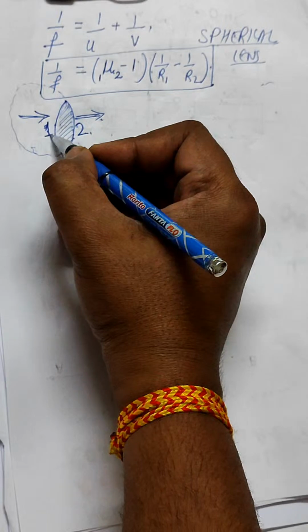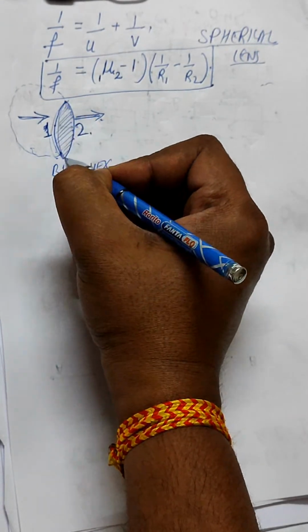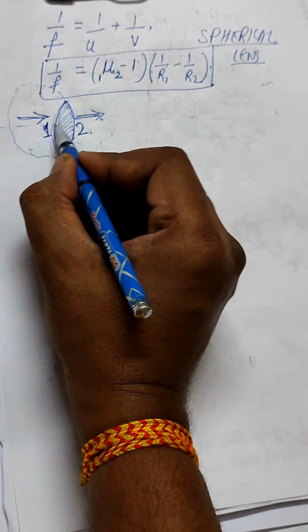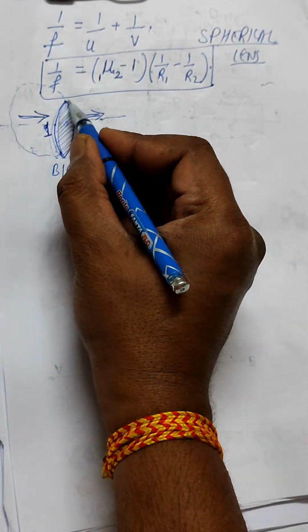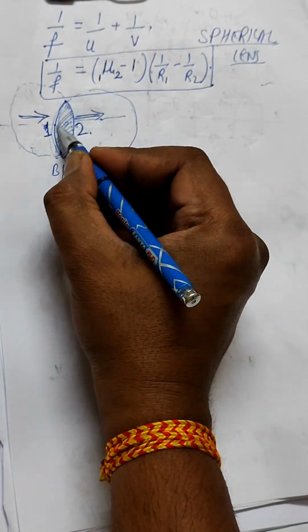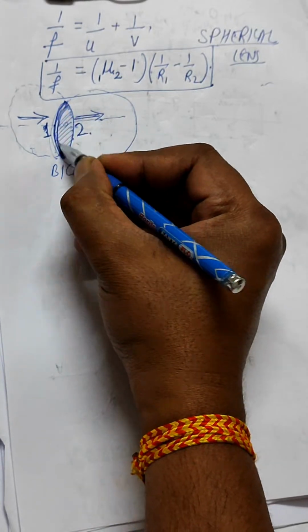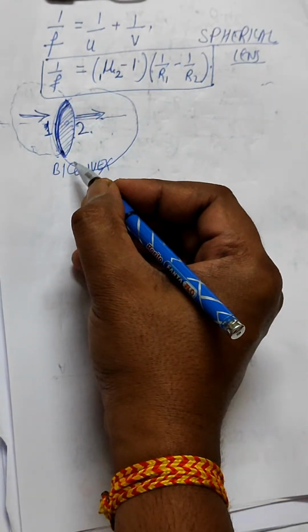So the radius of curvature of the first surface, R1, you can see on a number line, is the radius of the circle if you consider the first surface as a part of any circle, right?